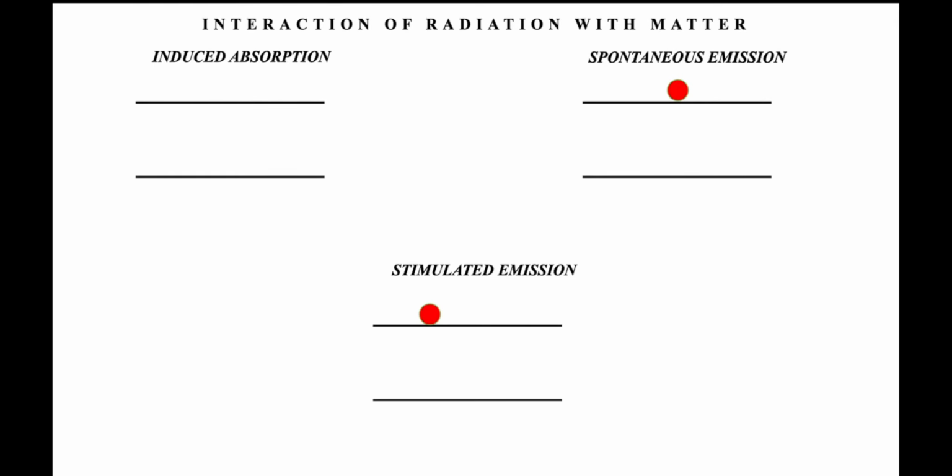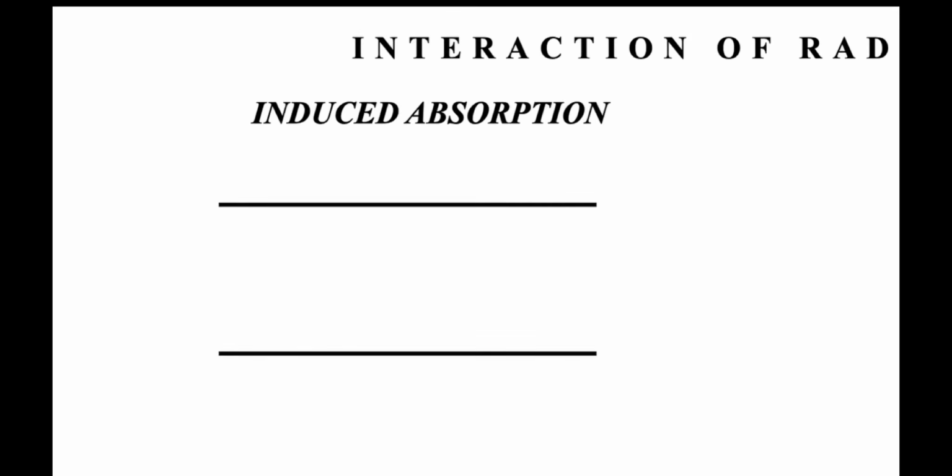First, induced absorption. Here, we are trying to understand what happens when radiation interacts with matter. For that, we need two energy states, E1 and E2, the lower state and the higher or excited state. In the process of absorption, firstly, we need to specify the electron position.